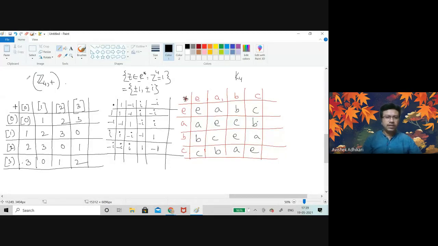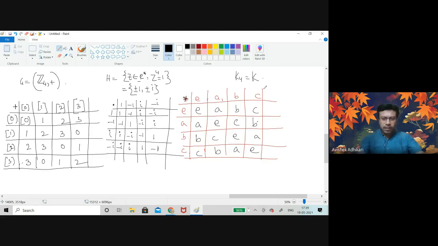If I consider these as G, H, and K, how many group homomorphisms can you find from G to H, maybe from H to K, and maybe from K to G, and the other way around?